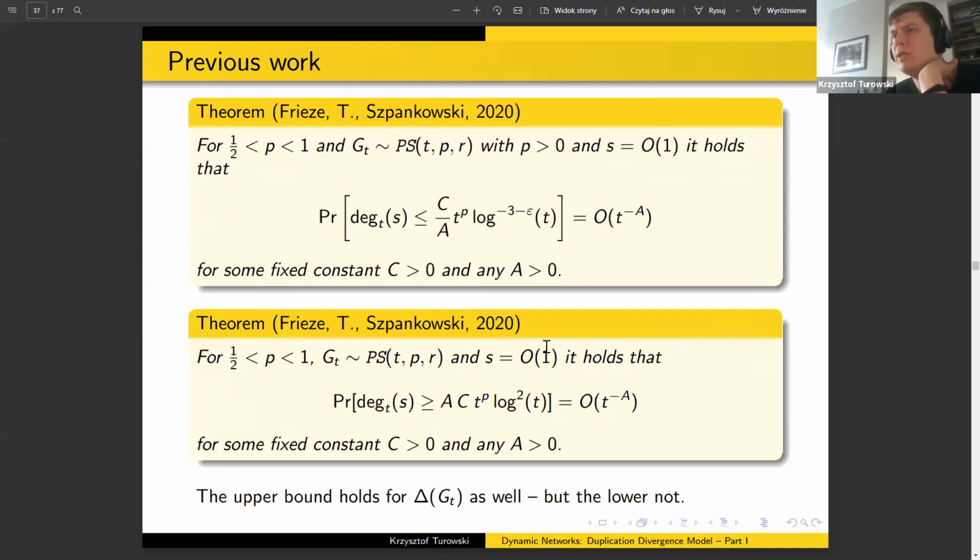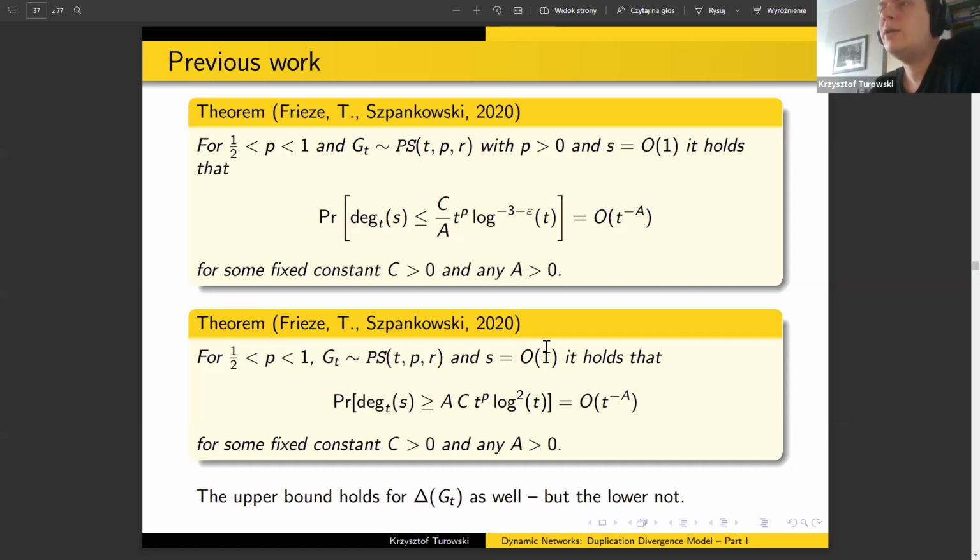Right. So probably I wrote it here in the other fashion, but the first theorem is also preserved whenever we put delta of G_t instead of the degree of s at time t, but the second, unfortunately, not. So we have the lower bound, and then we would like to have an upper bound.